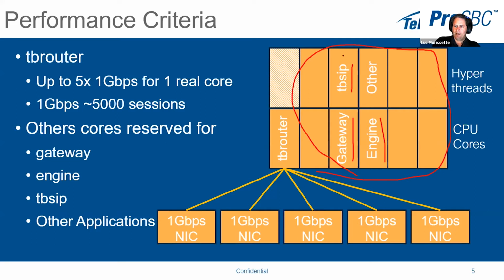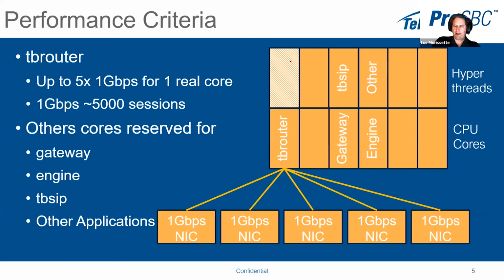These are the 3 most critical applications, and they will qualify the number of calls per second you can do in the system. The other applications are used for the web service, SNMP, and stuff like that. Usually they don't use a lot of processor, and all of the other applications can run just on one thread.